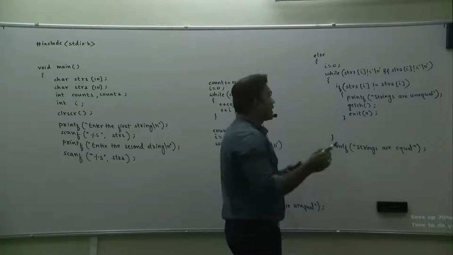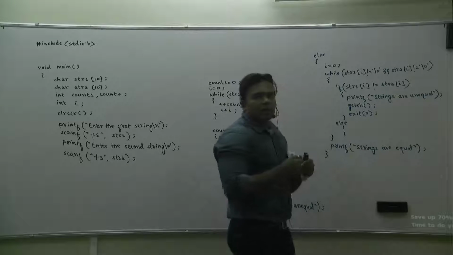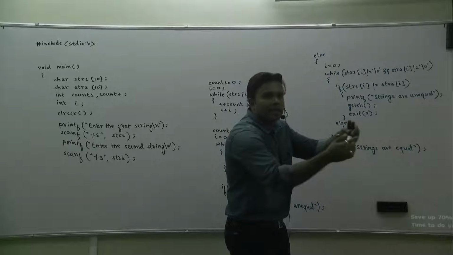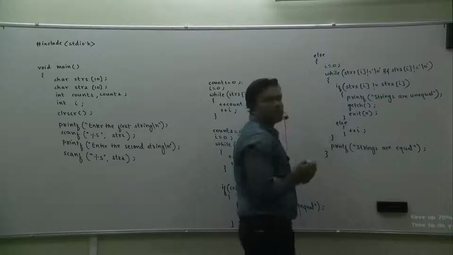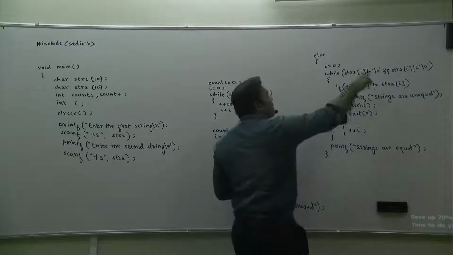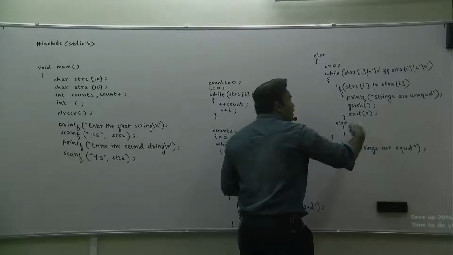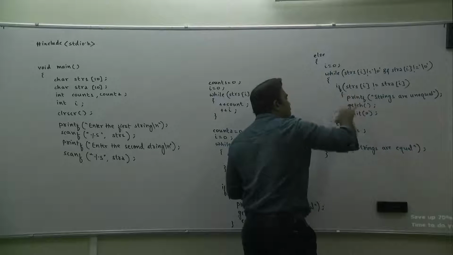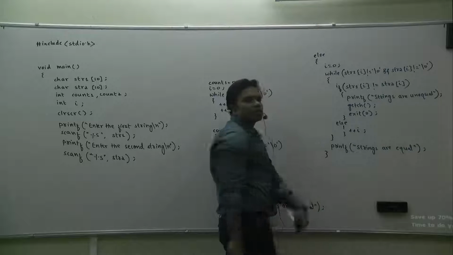That is okay if the characters are unequal. Else, if they are equal, don't tell strings are equal. Characters are equal, go to the next character. How? By doing i plus plus. I will go to the next character. Again, next character compare. If it is unequal, tell unequal. Otherwise, proceed, proceed, proceed. Like that proceeding, if you hit the dead end, then come out and tell that strings are equal.